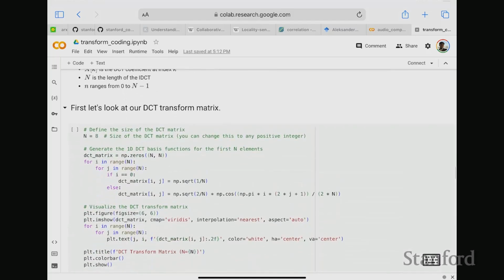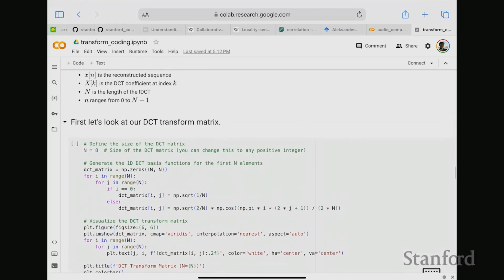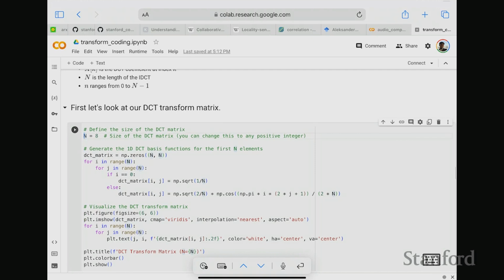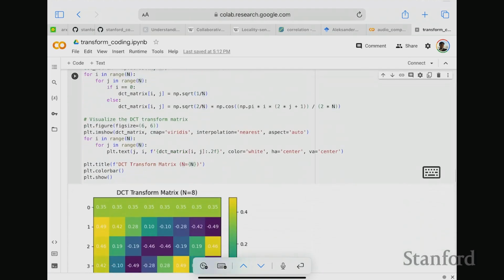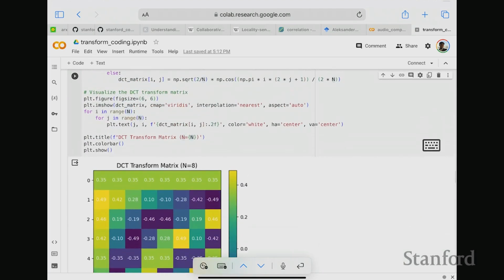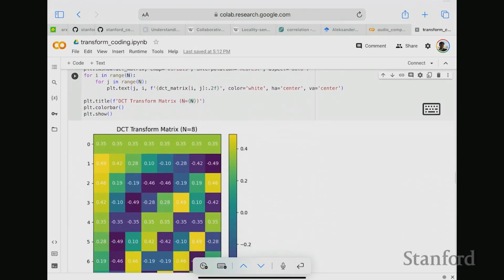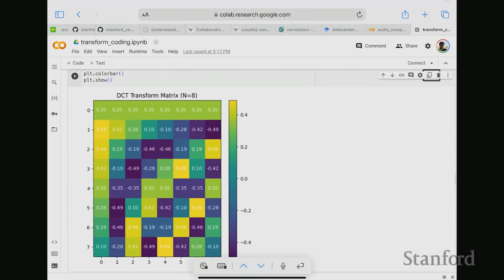So let's first look at the DCT transform matrix. You have to start with some block size over which you are going to do the transform. Here I have decided 8 as the block size, so my DCT transform matrix is going to be 8 by 8. I literally wrote down the formulae for the DCT transform and used that to generate this 8 by 8 matrix.